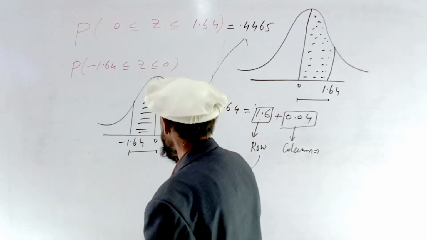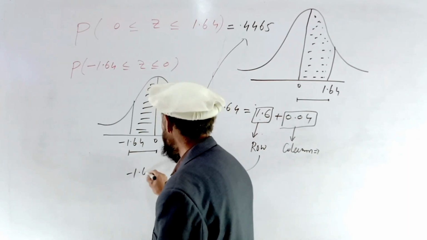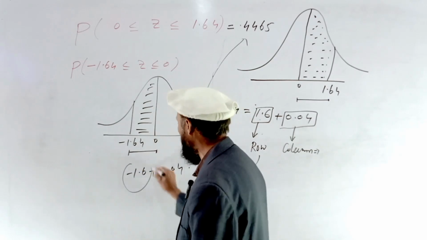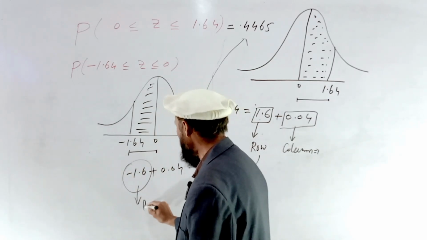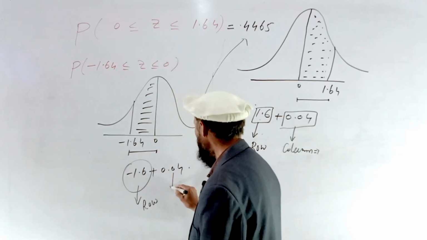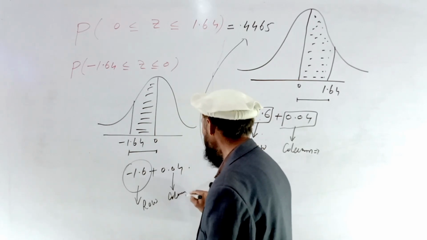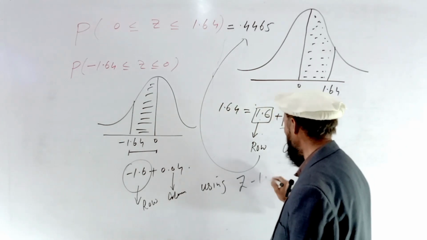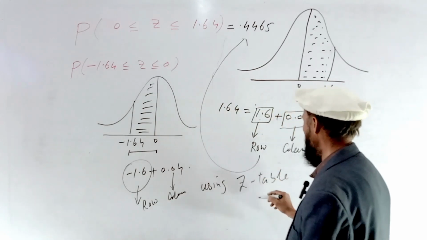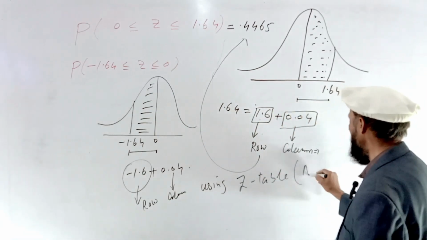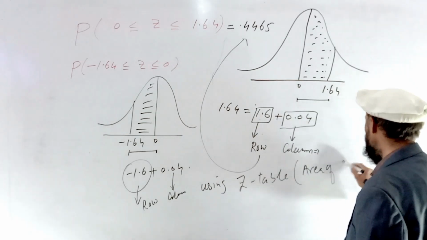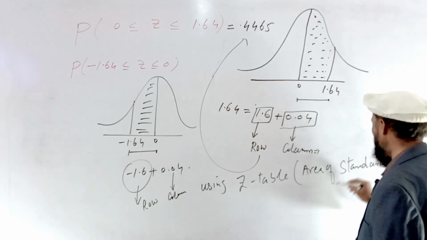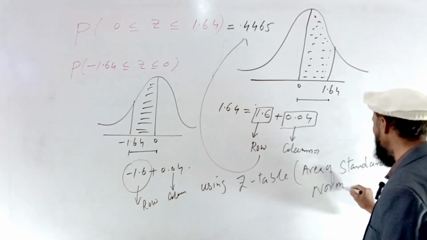How do we see the table? Minus 1.6 plus 0.04. We check the row and the column, using the same process in the Z table. Z is the area of the standard normal distribution.